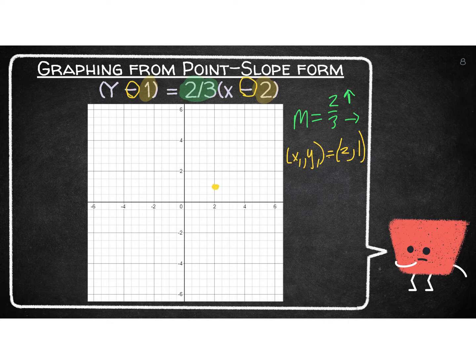And from there, I'm going to count up 2 over 3. 1, 2, 1, 2, 3. And then I put my point, and then I can draw my line through those points there. It'd be something like that, and that would be your final answer.